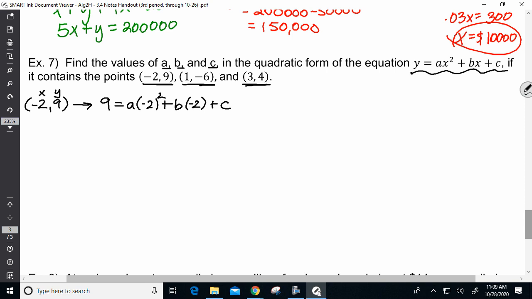So of course we've got to clean that up a little bit. -2 squared is 4. So that's 4a minus 2b plus c equals 9. That's your first equation. Any questions on how we got there?